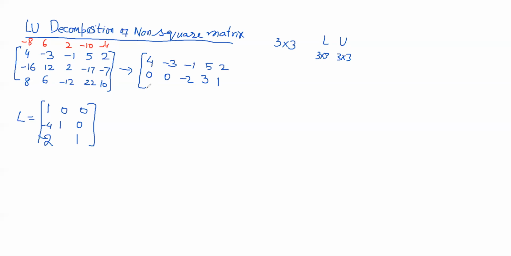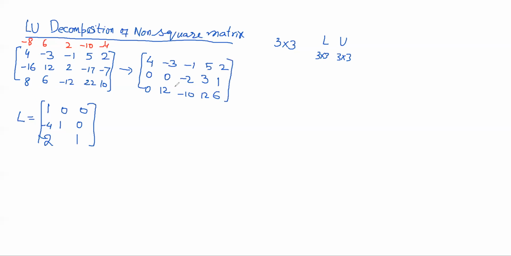So 8 minus 8 is 0. 6 plus 6 is 12. Minus 12 plus 2 is minus 10. And 22 minus 10 is 12. And 10 minus 4 is 6.